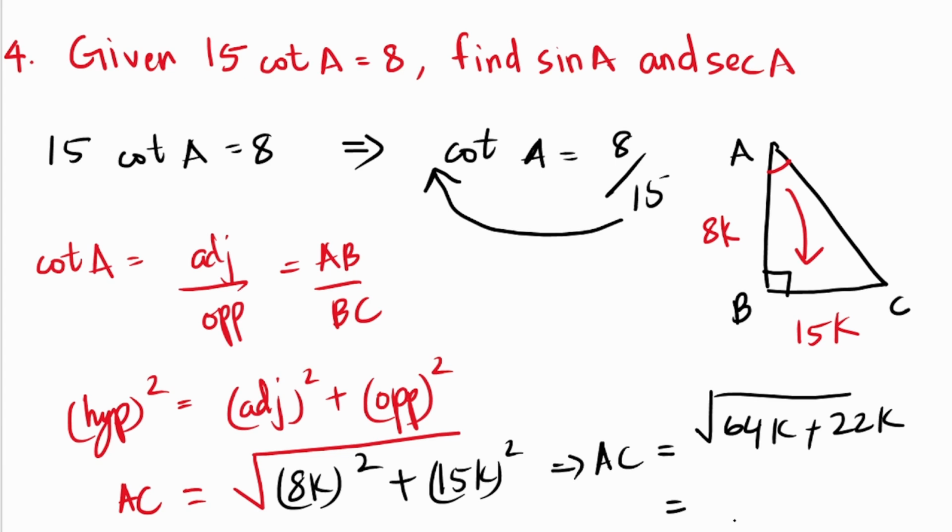When we add this, we get 289k square. 289 is a perfect square, the square of 17. So AC is root of 289k square, which is 17k.